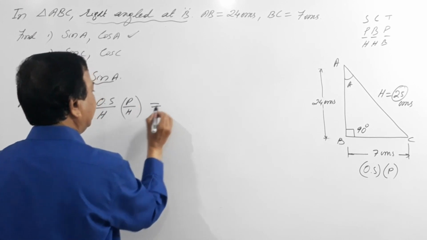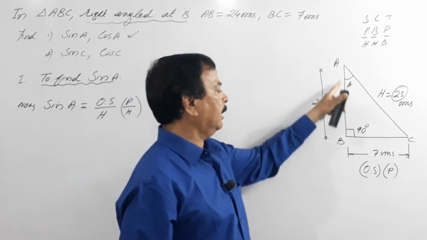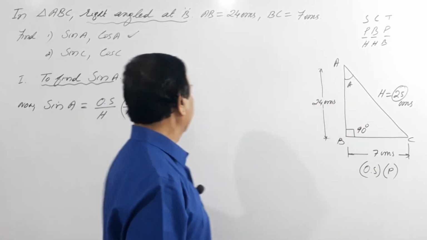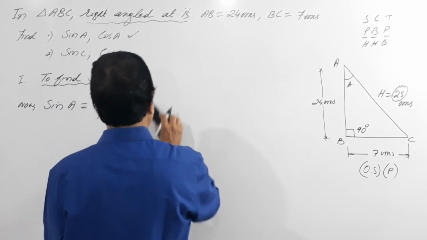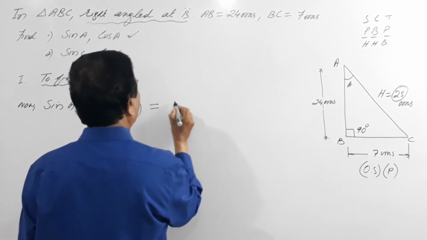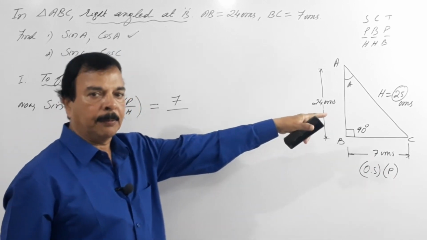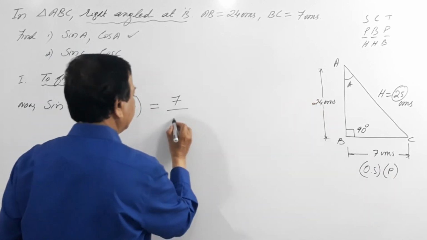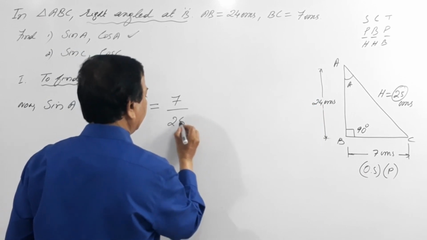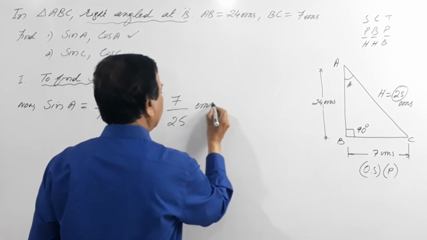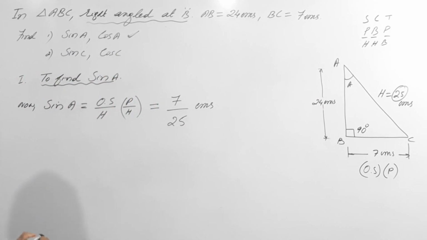What is the opposite side? The opposite side of this is 7, so it equals 7 by hypotenuse, which we just found, 25 centimeters. So we got sin.